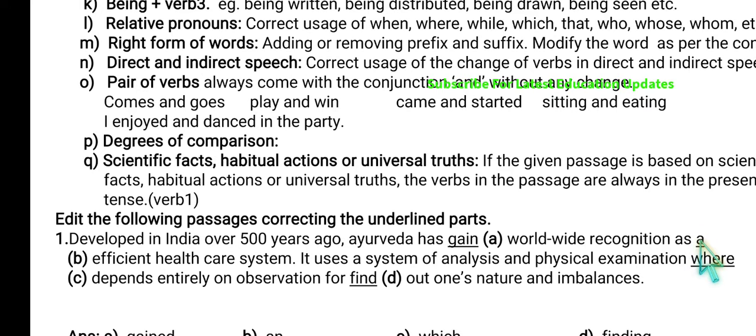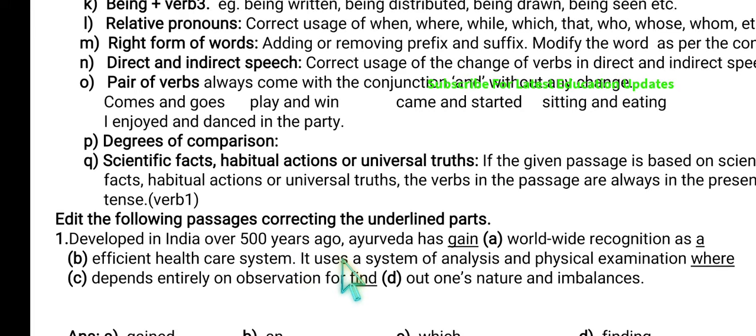We have to have an article an in the place of A, because it precedes a vowel sound word, efficient. In the word efficient, we have a vowel sound. That's why it takes the article an.